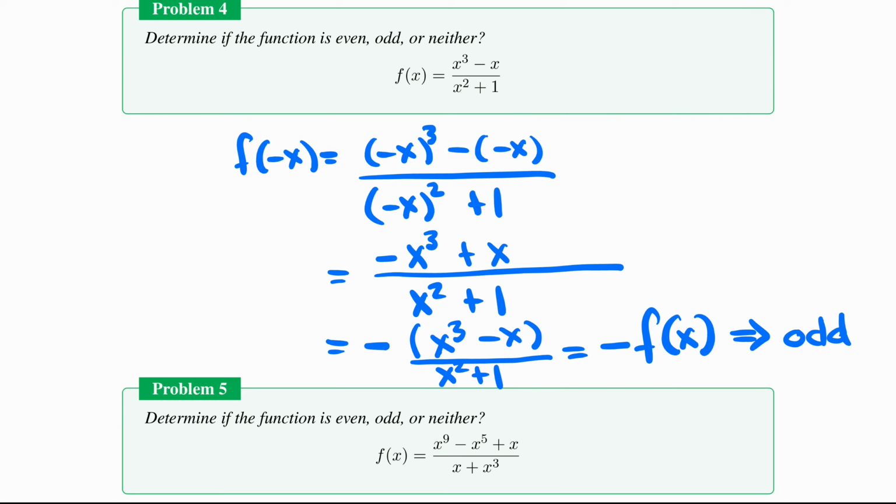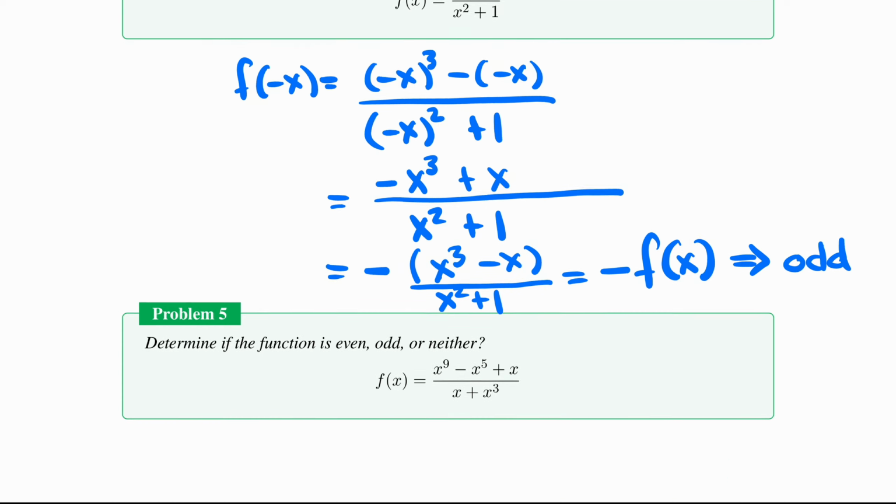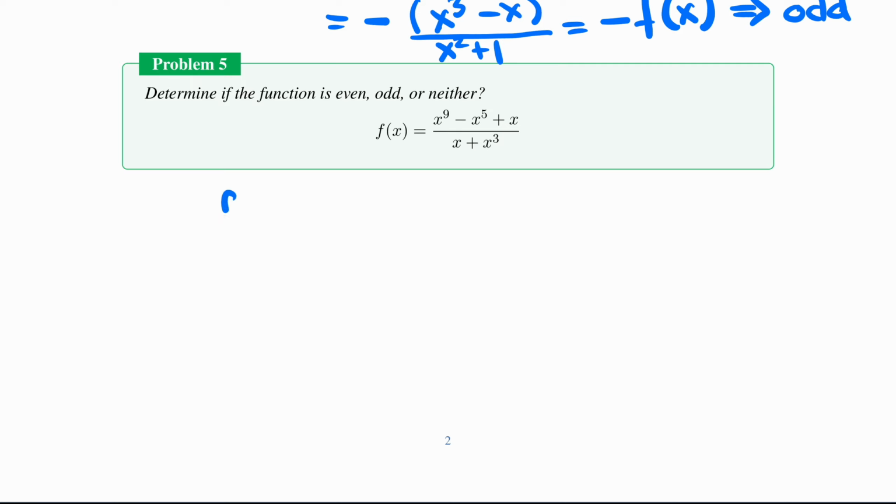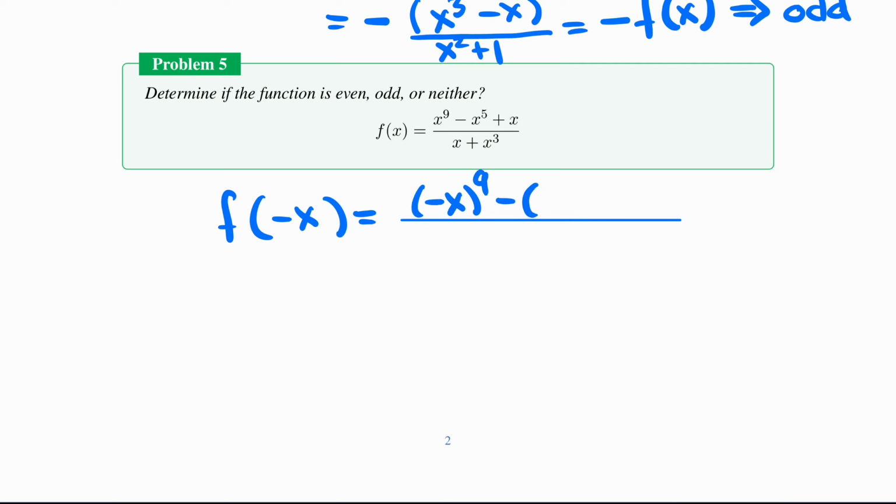Let's do one more challenging problem. Number 5. Start off the same way. Plug in the negative x, and at the top, we're going to get negative x to the 9 minus negative x to the 5 plus negative x, all over negative x plus negative x to the 3.